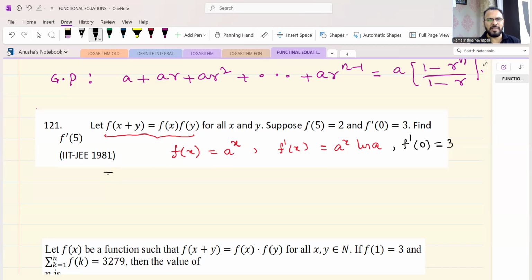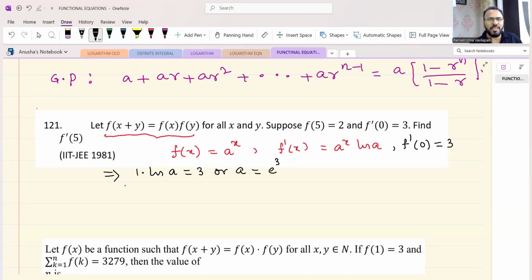Implies, put x equal to 0, you will get 1 into ln a equal to 3, or a equal to e to the power of 3. So the value of a is e power 3.